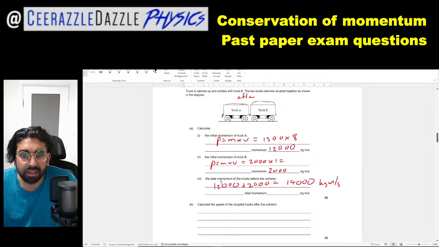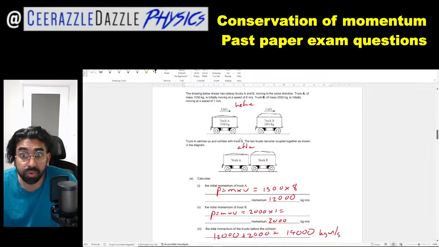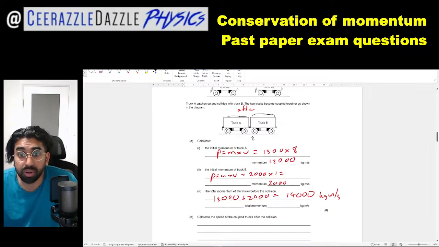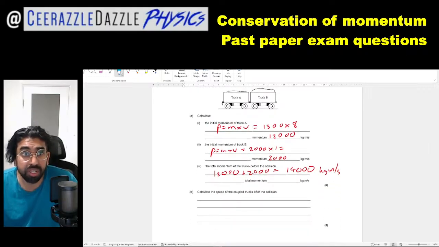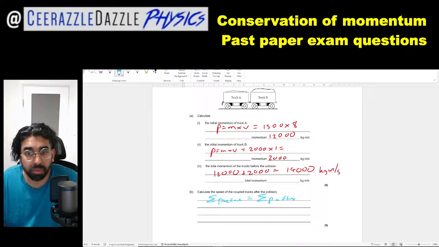Scrolling down, calculate the speed of the coupled trucks after the collision. Well, don't forget, you know that the sum of the momentum before is equal to the sum of the momentum afterwards. The momentum beforehand: truck A, which was 12000, plus truck B, 2000.